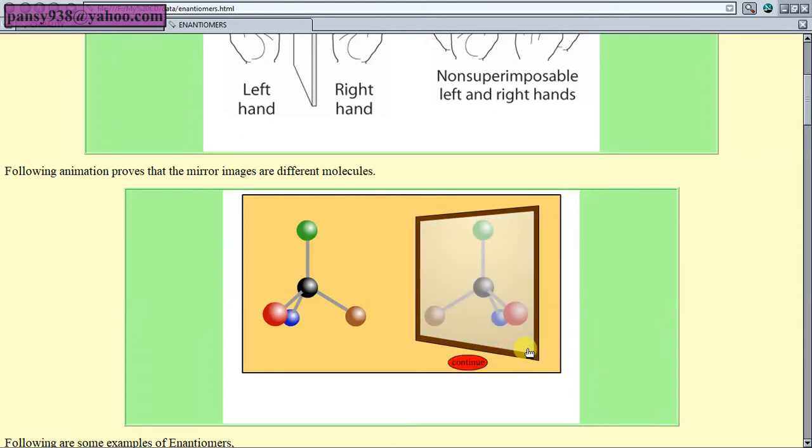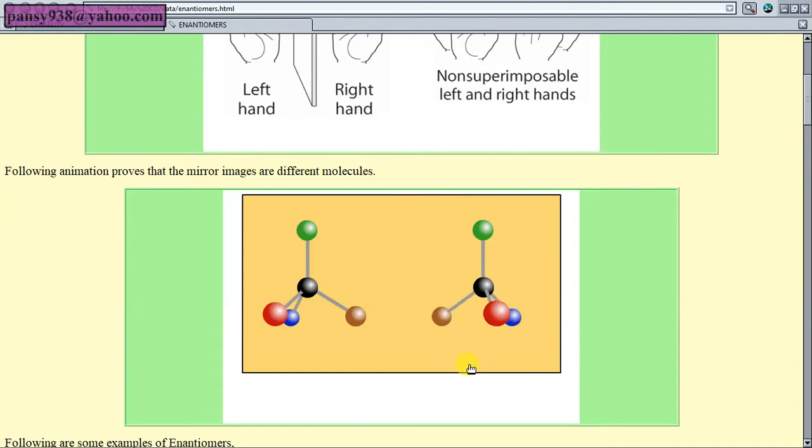In this animation, if the mirror image of it is rotated, you see that the different atoms attached to the central atom do not occupy the same place. It means that they are not identical.